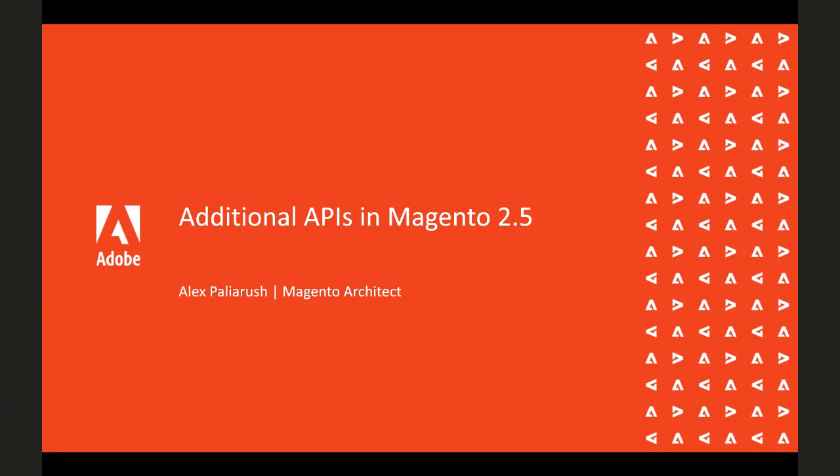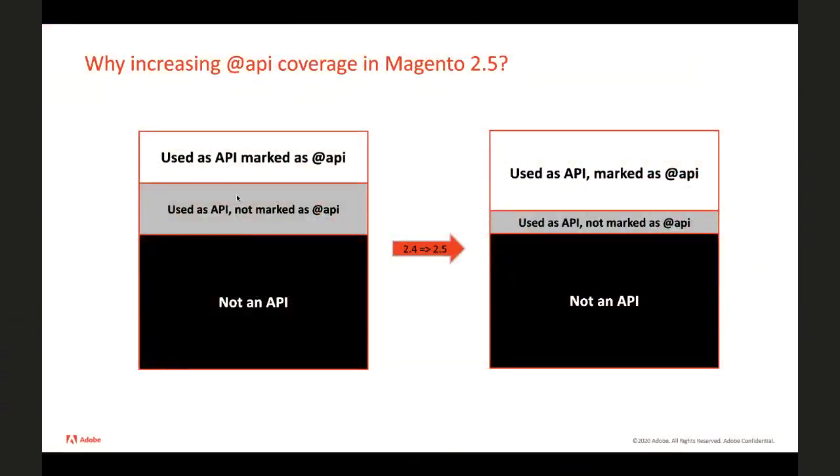One of the ways to mitigate this issue is to reduce the so-called gray area that we have right now in our API coverage, and kind of legalize APIs that we already have in Magento but are not treating as APIs at Adobe.